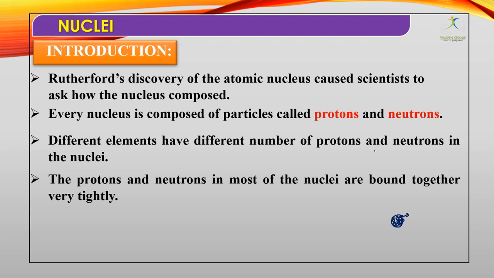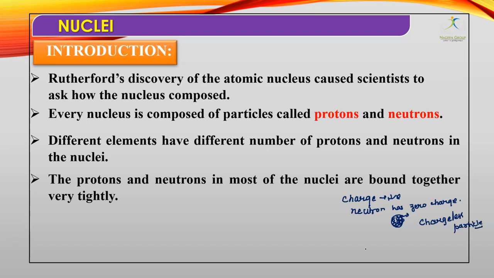We know that the charge of the proton is positive and the neutron has zero charge. That's why we say the neutron is a chargeless particle.